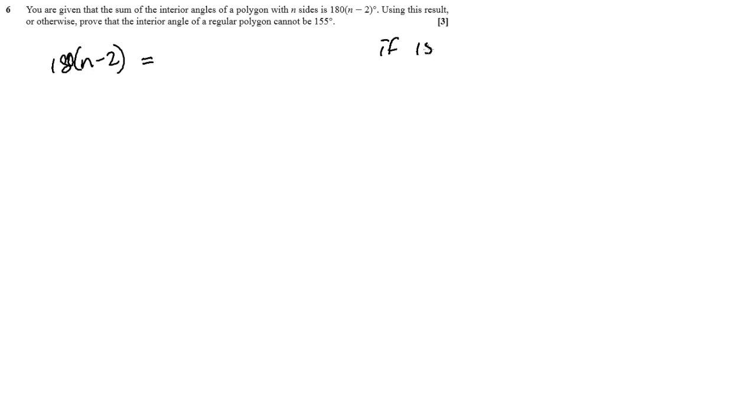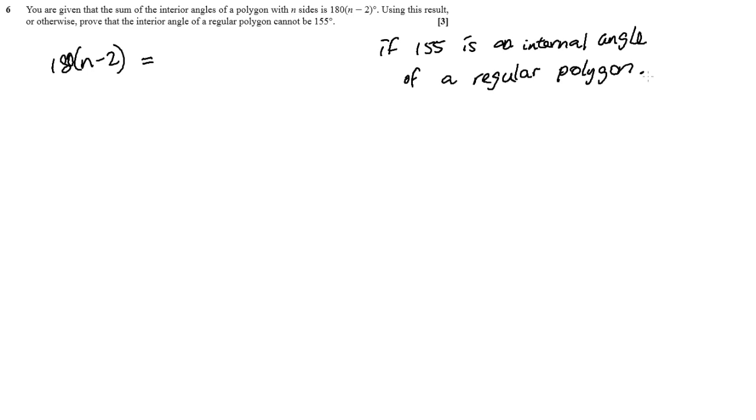If that is a regular hypothesis, you do need to write that down, by the way. If 155 is an internal angle of a regular polygon, then 180(n minus 2) equals 155n, because the sum of the internal angles, which every one of them is the same, should give you the sum by definition.